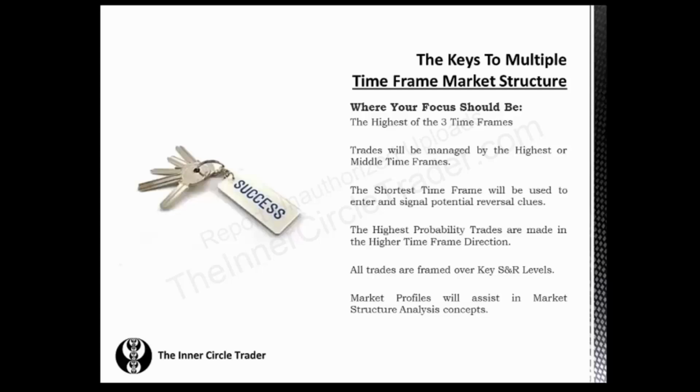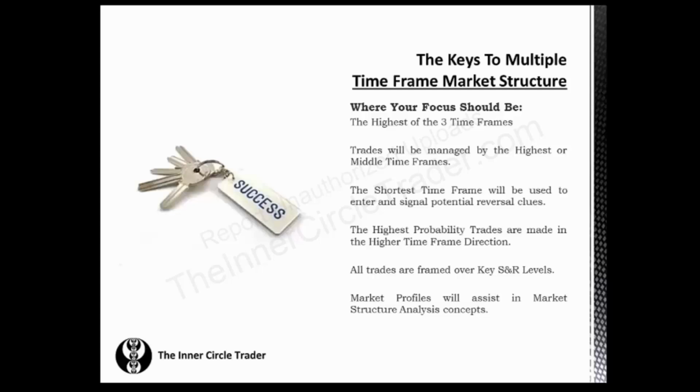The highest probability trades are made in the higher time frame direction. Now, there are going to be instances where the higher time frame premise may be bullish, but you're approaching a key resistance level, so that may be trumped. So that's where we're going to go back to the core essentials of technical analysis, that being support and resistance trumps everything.